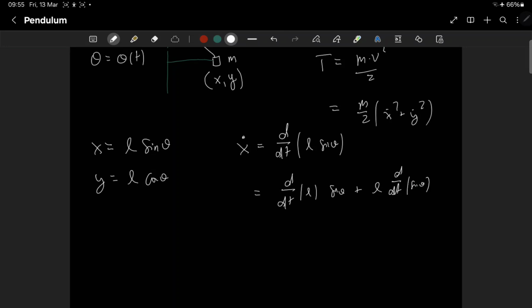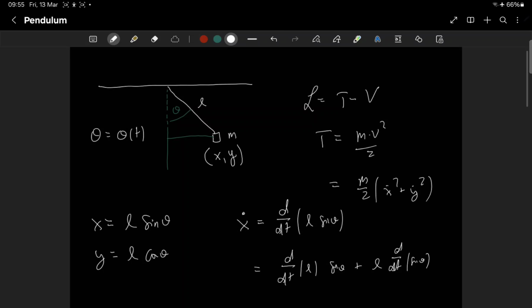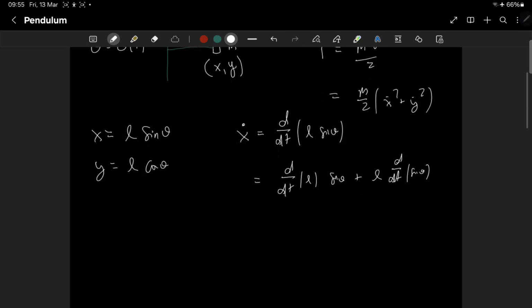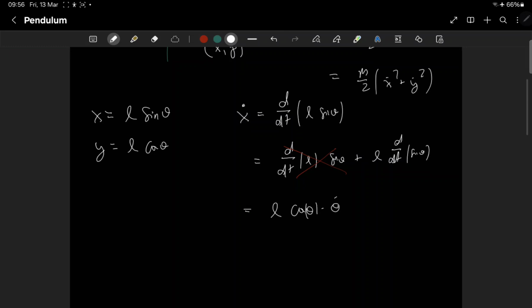And the reason for that is we're just using the product rule. Now the length of the rod is considered to be constant, so it doesn't change in time, so this term over here goes to 0. Then the derivative of sine theta gives us L times cosine theta times theta dot, where the dot stands for the time derivative.